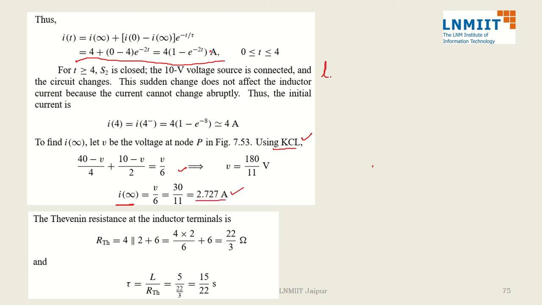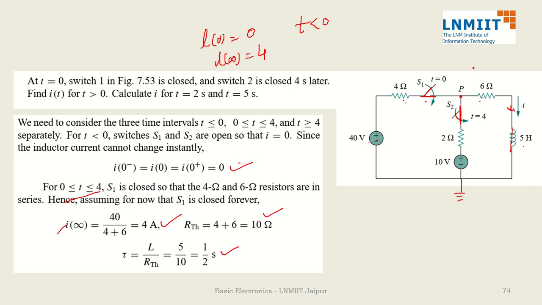What is I initial for t equal to 4? That is the value of current in this equation if I put t equal to 4. If I put t equal to 4 in this equation, I get 3.98 or something. That means I can roughly say it is 4. So I initial is 4, I final is 2.7, and similarly using the concept of Thevenin equivalent, I will calculate the equivalent resistance across this inductor.